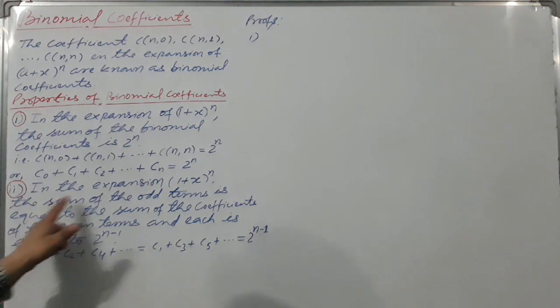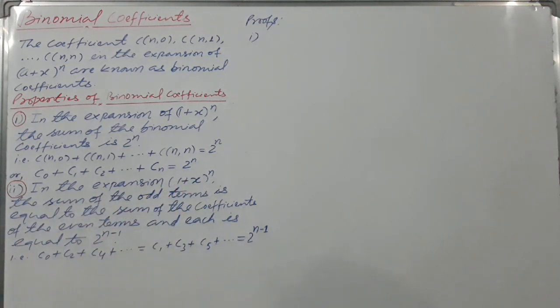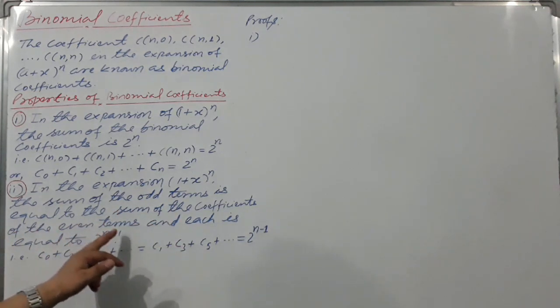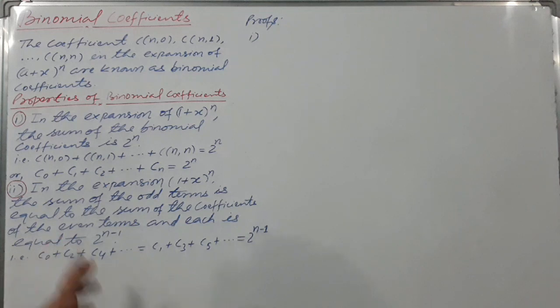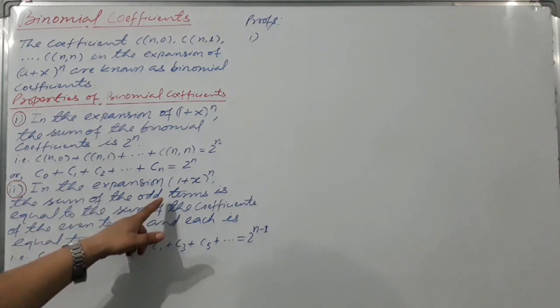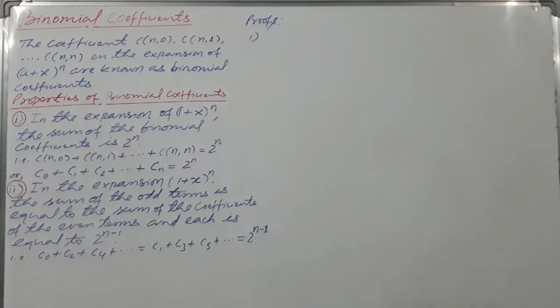The second one: in the expansion of (1 + x) raised to power n, the sum of the coefficients of the odd terms is equal to the sum of the coefficients of the even terms, and each is equal to 2 raised to power n minus 1.